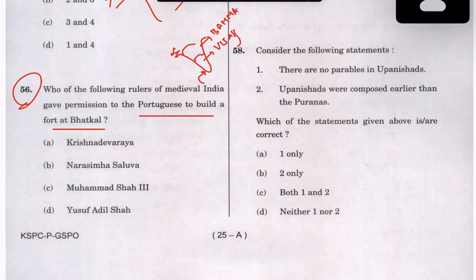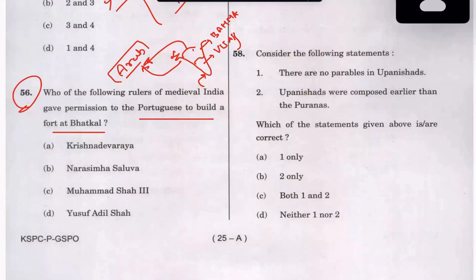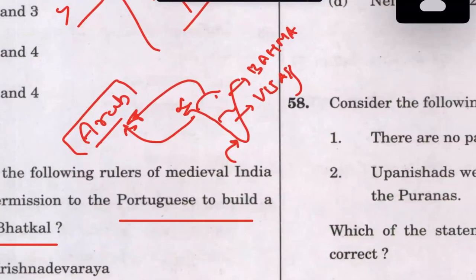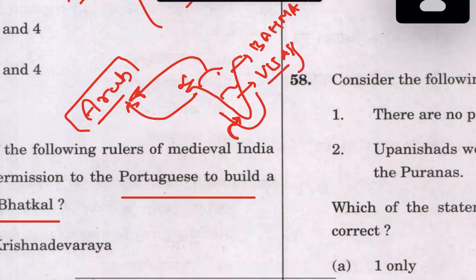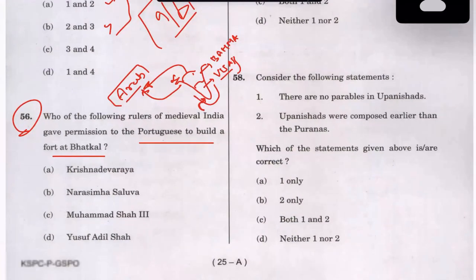So you will have Bahmanis getting support from Europe, or you will have these Arab traders, and Bahmani kings used to have so many people, and the Bahmani kingdom used to have people from Arab nations. Vijayanagara did not have this because of the sea route, so they could not get any weaponry and things, and hence Portuguese coming here, they used this chance to give them some concession to help prevent the Bahmanis from attacking.